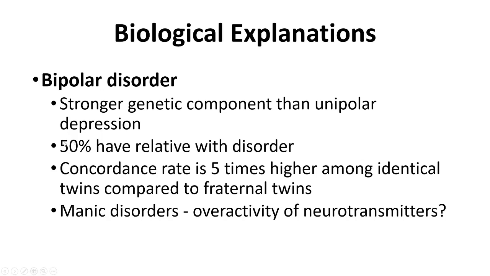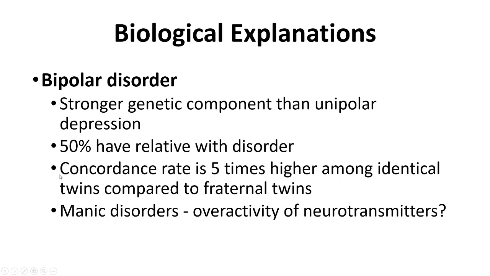And for quantifying that, about 50% of people who have been diagnosed with bipolar disorder have an immediate relative who also has bipolar disorder. So it's not just looking at twins, but say children or parents. There's sort of a 50-50 chance of having an immediate relative who also has the disorder.